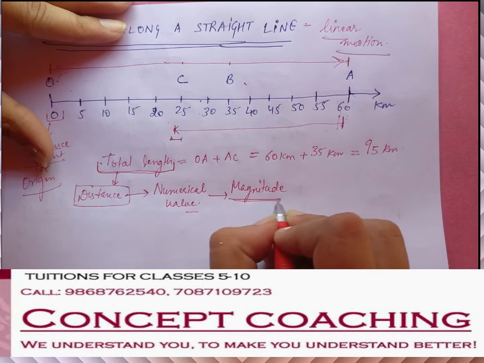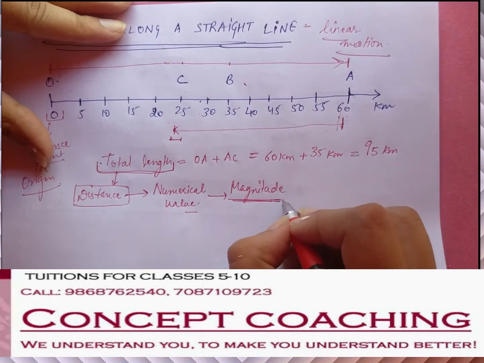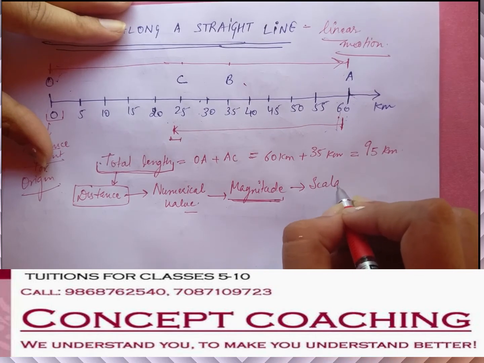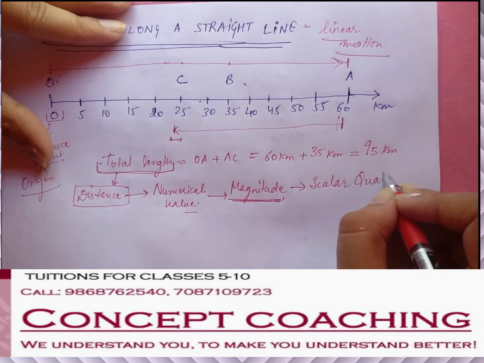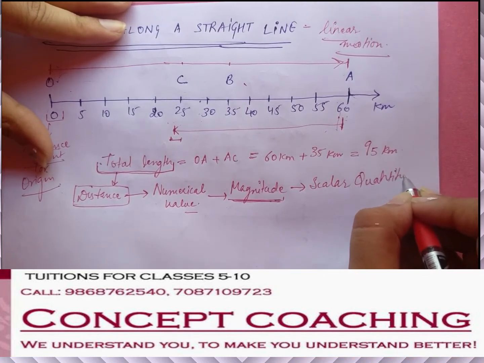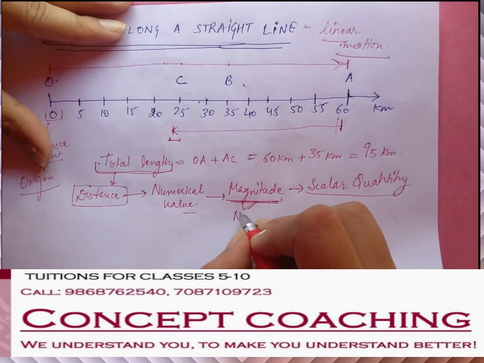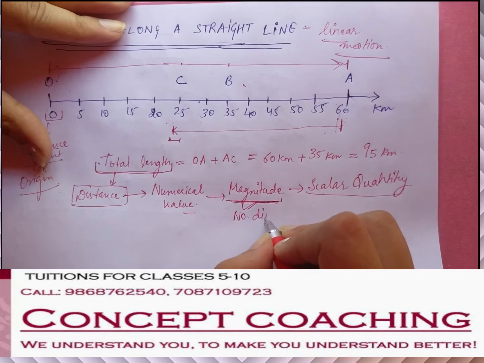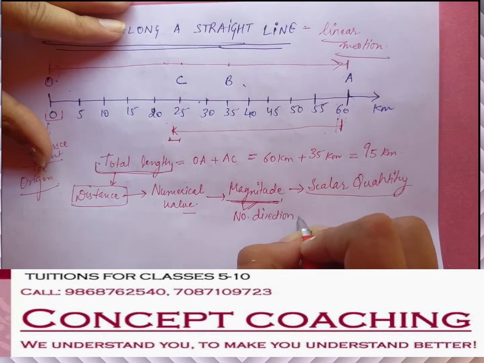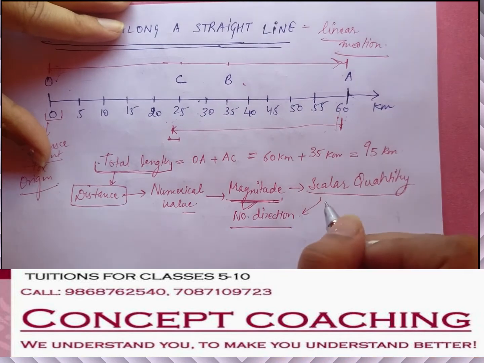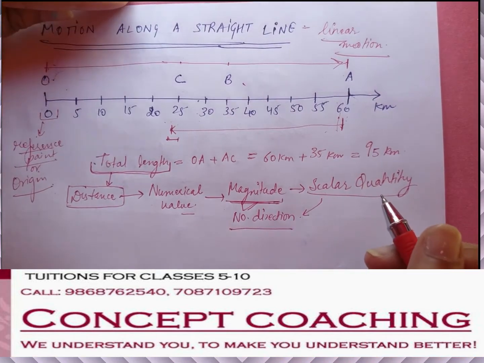The quantity which has only magnitude and no direction is called a scalar quantity. A scalar quantity is the quantity which has only magnitude. It does not have any direction. So there is just a numerical value in the case of a scalar quantity. We can measure it through some scale.